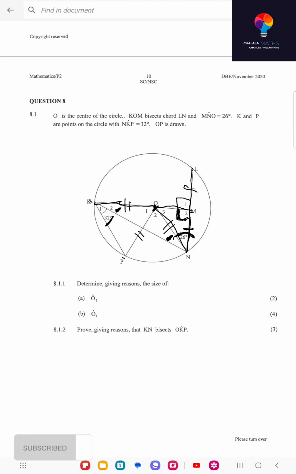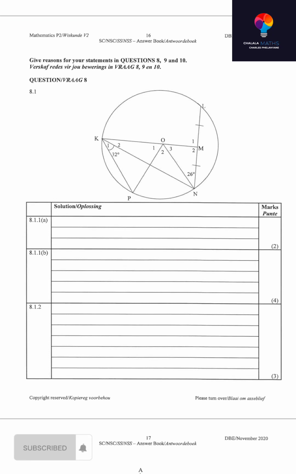So let's start with 8.1. Question 8.1.1 A says determine, with given reasons, the size of O2.